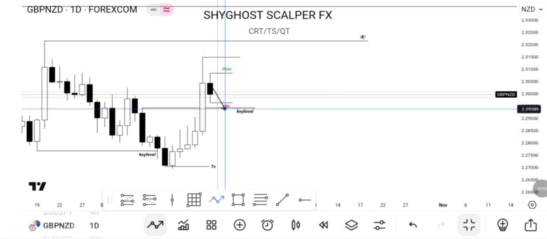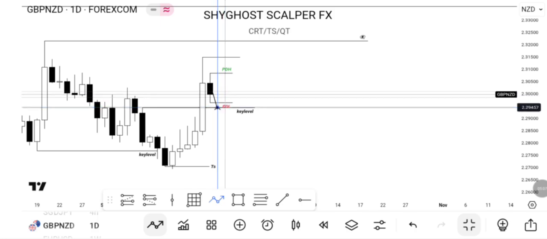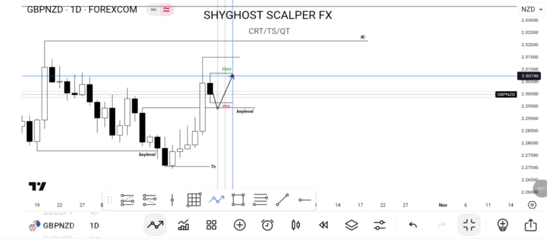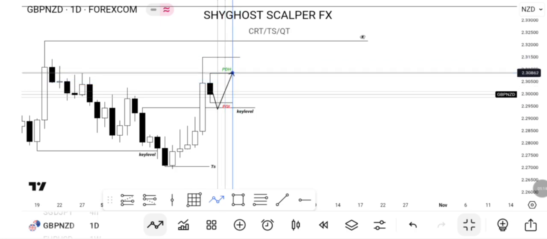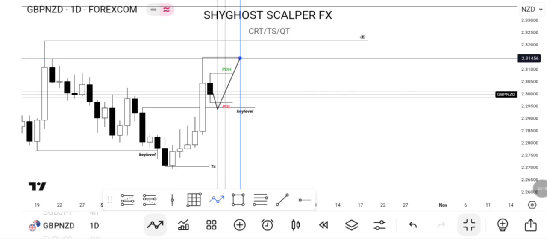So we take this, we can look for shorts, and then after we sweep here, we can start to look for buying opportunities up until we take out the previous day high and this level, right?